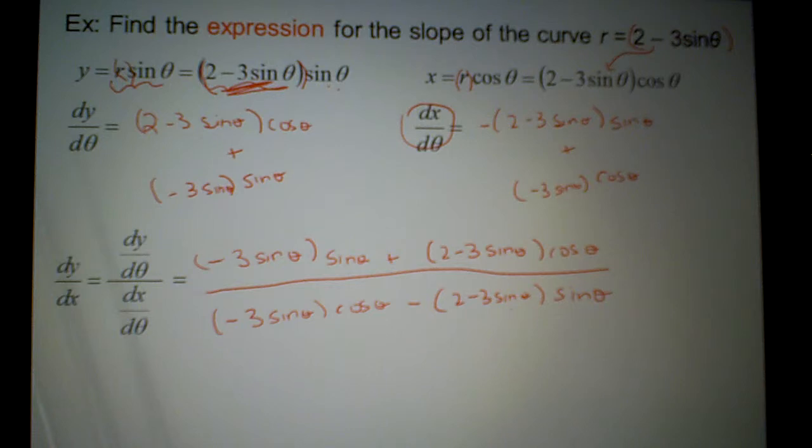And no, don't bother to distribute, combine, and certainly for God's sakes don't cancel anything. You don't have matching factors all around. Done and done.